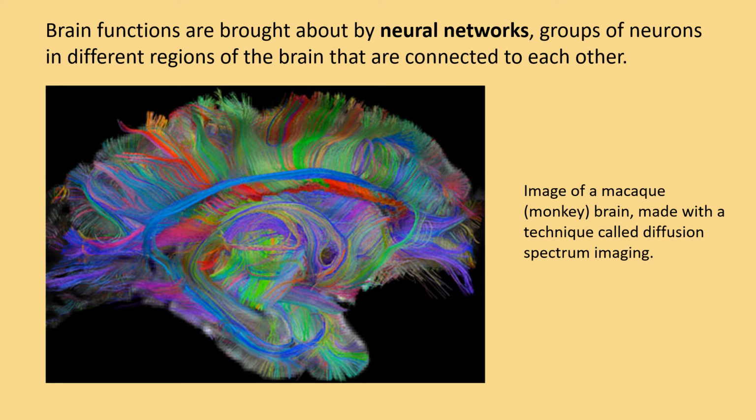This is a super cool image. It was taken using a technique called diffusion spectrum imaging. So this is the brain of a monkey, a macaque, which is a model organism. And radio-labeled water is injected into the central nervous system, and then a series of images can track the movement of those labeled water molecules. You know, osmosis happens.